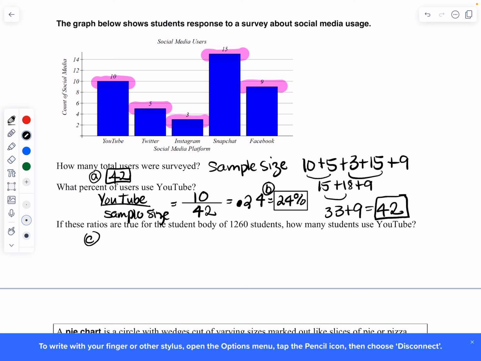And then if these ratios are true for the student body of 1,260 students, how many students use YouTube? Okay, so I'm going to take the student body and multiply that by the 24%. So I have 1,260 students. Multiply that by 0.24.